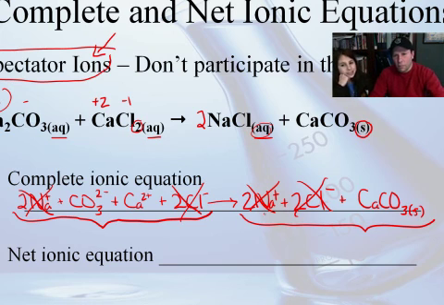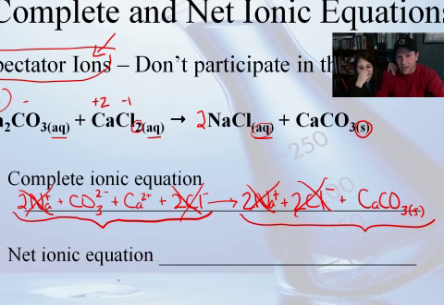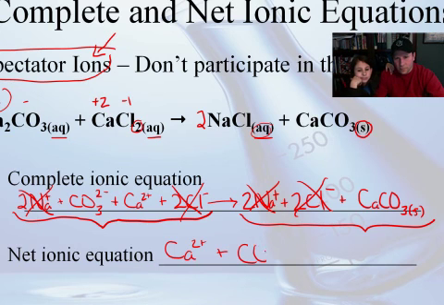Now, what we wrote down before we crossed those out was called the complete ionic equation. It contained all of the ions in solution. What we're going to write down next is the net ionic equation, which is just the ones that actually participated in the chemical reaction. I like to write the positive ones first. So what's the first one? Calcium 2+ and CO3 2-.